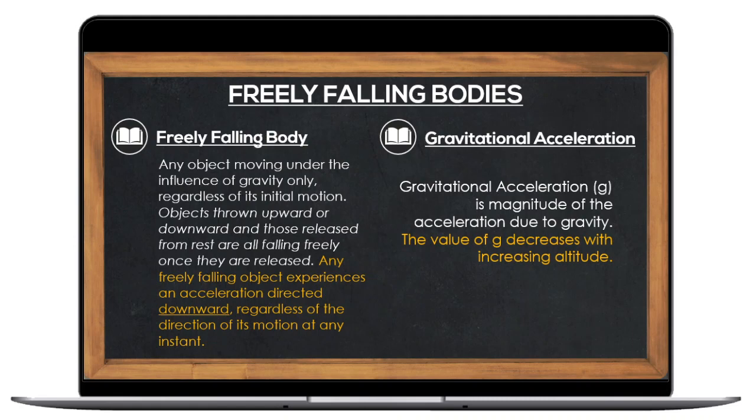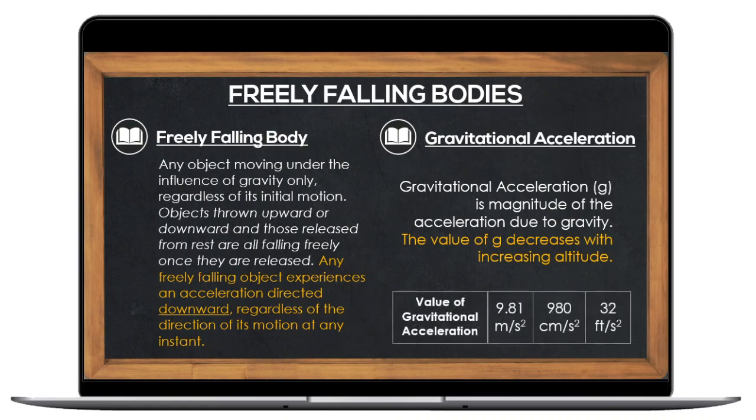Unless the situation happens outside the Earth, that's where we apply the principle that gravitational acceleration decreases with increasing altitude. Again, since we'll consider situations here on Earth, we will consider constant gravitational acceleration.